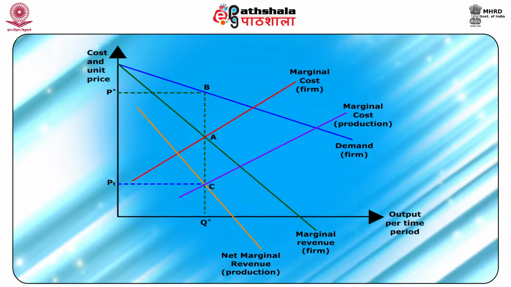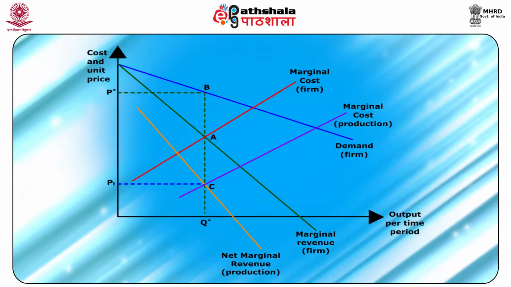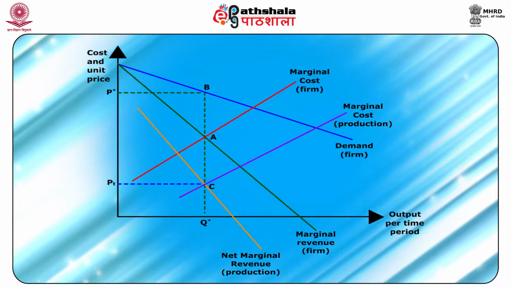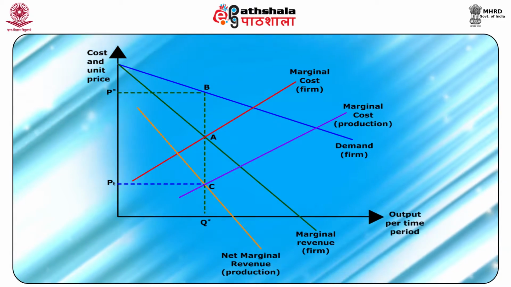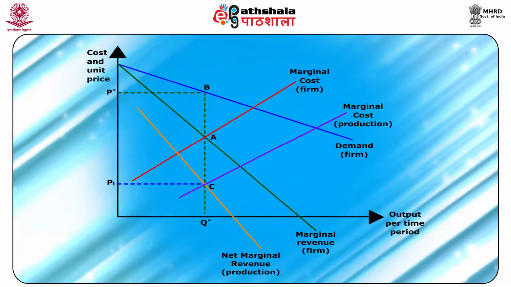Below the marginal revenue curve of the firm, we have the marginal revenue curve of the production unit, that is in red, and it is also downward sloping but lies well below the marginal revenue curve.